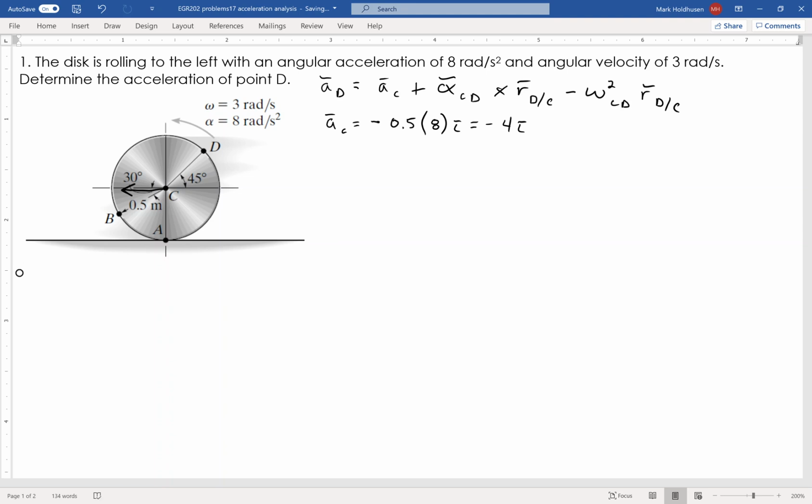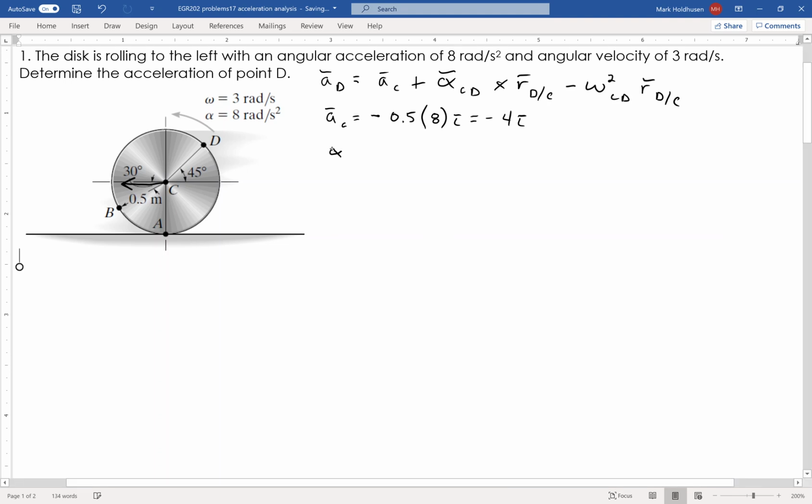Now I have the alpha cross R. So that's going to be alpha CD crossed R of D with respect to C. Now again, alpha is given to me. It's 8 and it's in the positive K direction, so it's going to be 8K crossed with R, and this is from C to D, so it's going to be up and to the right, positive in the X and Y direction.